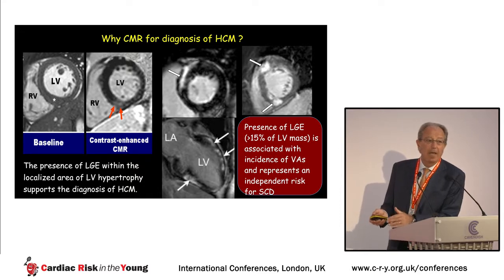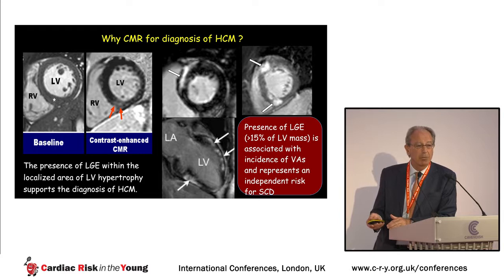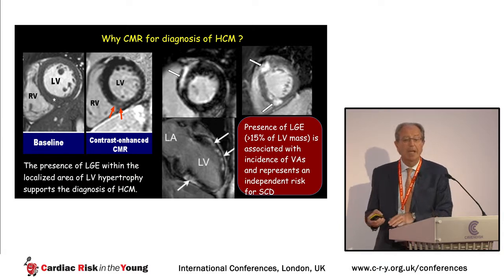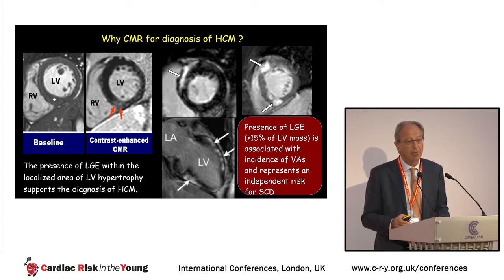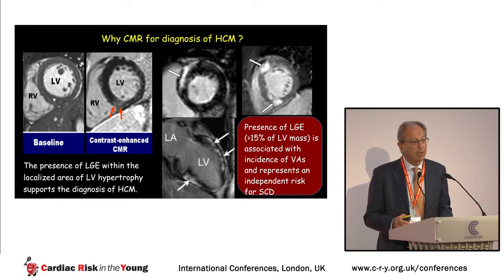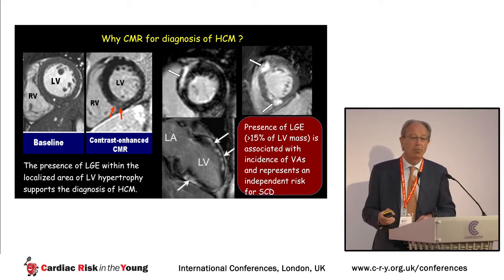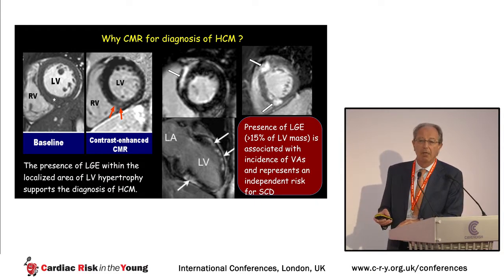And now there is a consensus that the presence of gadolinium enhancement, and particularly the extent of gadolinium enhancement in excess of 15% of the overall left ventricular mass, may have clinical relevance. I'm telling this because at the moment, in the guidelines, in the risk stratification, CMR with the gadolinium assessment is still not present, but there is convincing and increasing evidence that this is one of the potential determinants to better stratify the risk in hypertrophic cardiomyopathy.